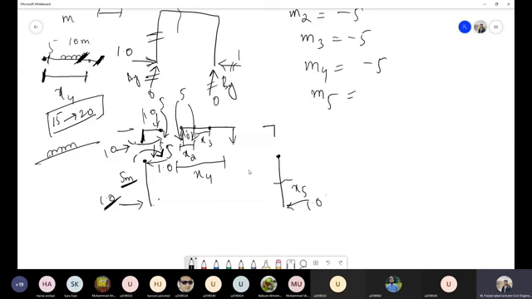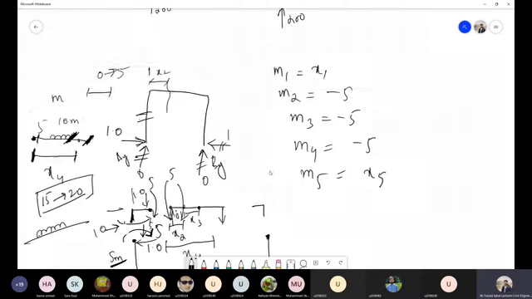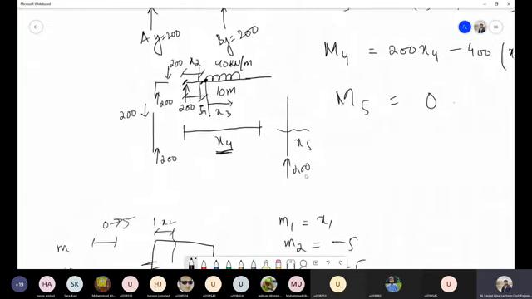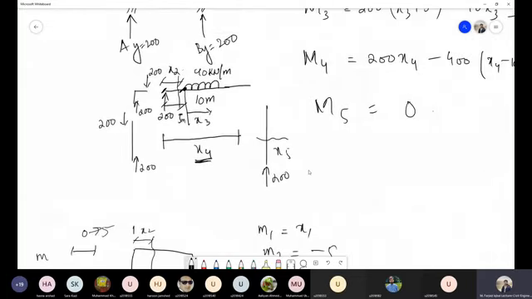There are two ways to do it. Either you start from this one and transfer all the forces to this particular joint, or the easiest way is to start from the right end. It's up to you. So by starting from the right end, you get the equation as x5. But why am I doing it from the right side? Because in this initial structure, I did it from this end. For example, that is 200 into, in that case, it was 0.